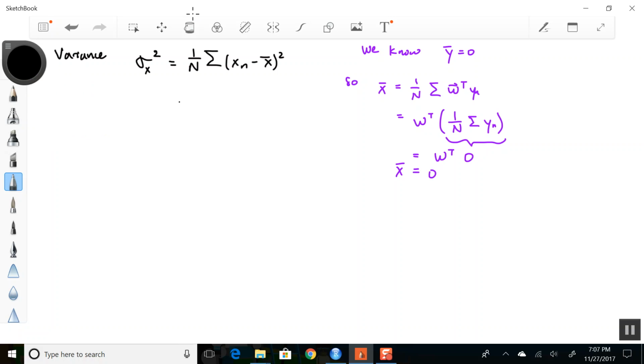And so plugging that in, we now have sigma squared of x being 1 over n times the sum of xn squared.